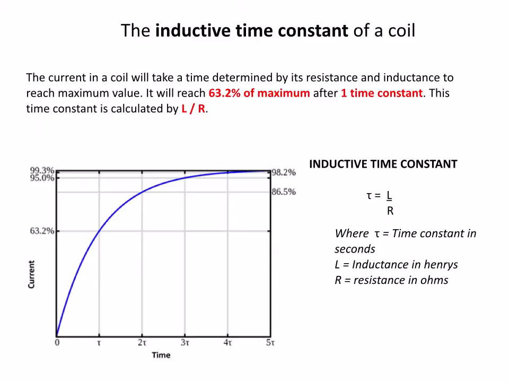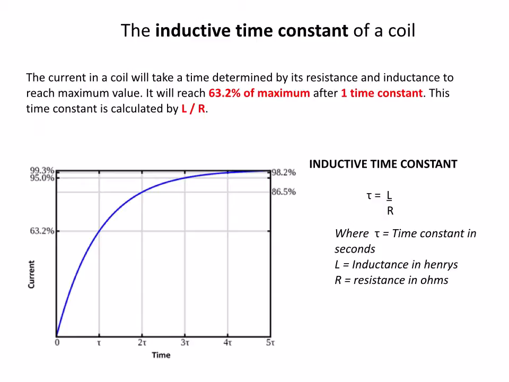So the inductor will try to oppose that current change. And so it's going to take time for the current to go from 0 to its maximum. And the time it takes is relative to this time constant, which is L divided by R. So the inductance divided by the resistance will give us that one time constant.